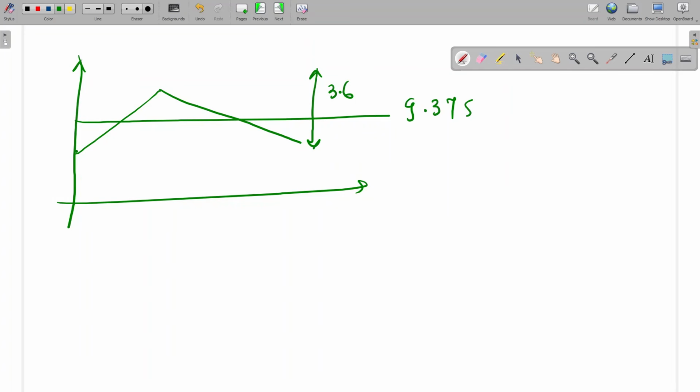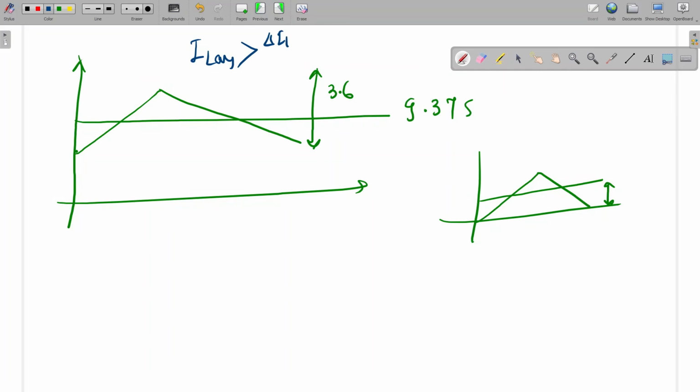If it is in the boundary condition, meaning just touching, then IL average will be equal to delta IL by 2. When IL average is greater than delta IL by 2, it means continuous conduction. Is it clear? Once you go through the video, which I will post, you can understand it more.